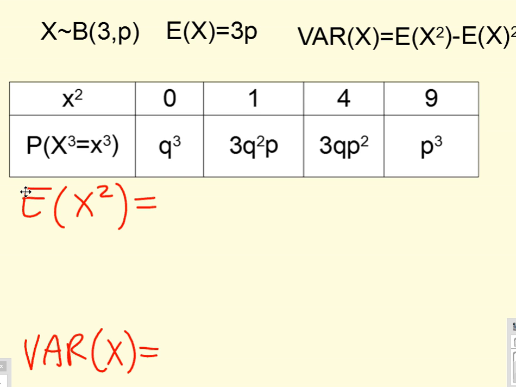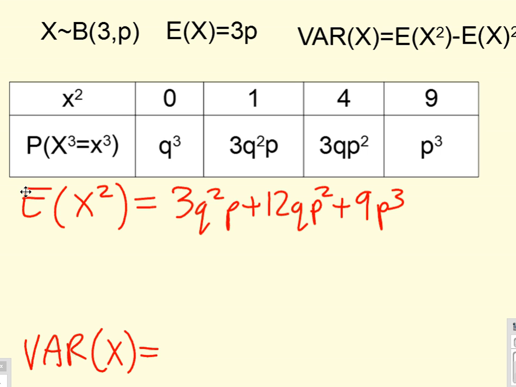Okay, expected value of x squared, you should get 3q squared p plus 12qp squared plus 9p cubed. Common factor of 3p gives you this: q squared plus 4pq plus 3p squared.